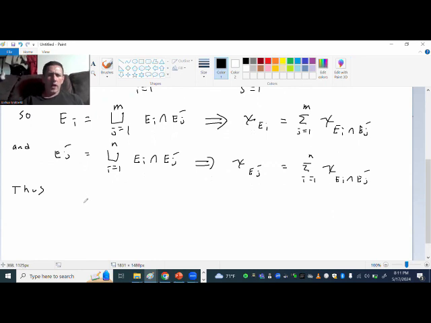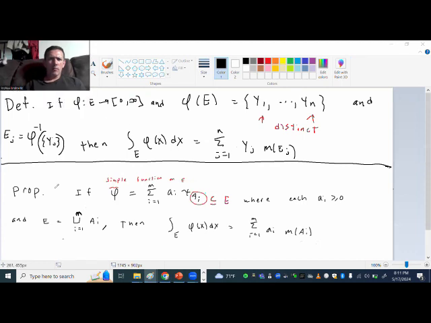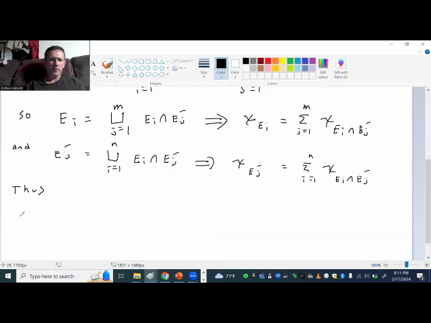So this gives us a way to write our linear combination of simple functions in a way that allows me to use my proposition. Okay. See how in a second. So that means that alpha phi plus beta psi. And I'll probably put more detail than I probably should even, but that's fine.